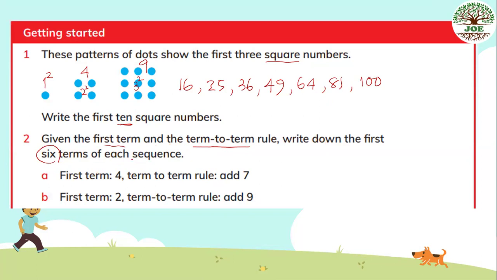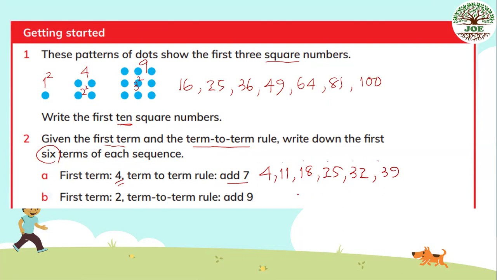Part A: the first term is 4, and the term-to-term rule is add 7. So the first term is 4, add 7 is 11, another 7 is 18, another 7 is 25, another 7 is 32, another 7 is 39. That's 1, 2, 3, 4, 5, 6.